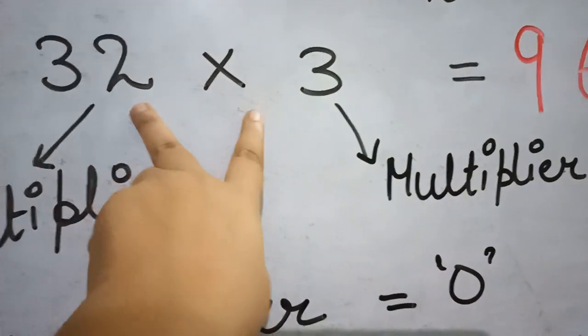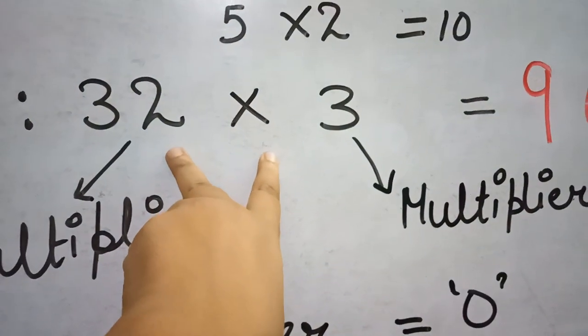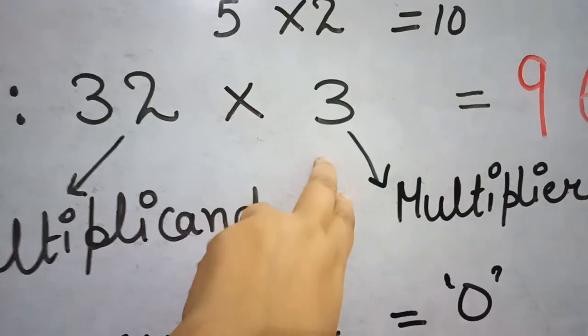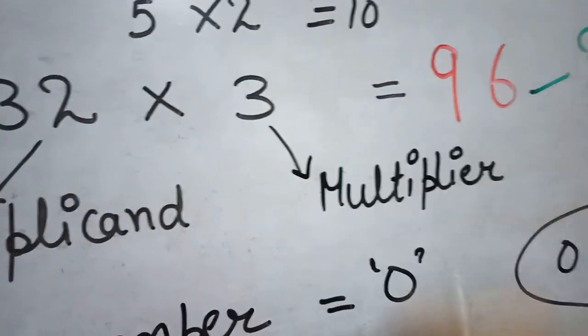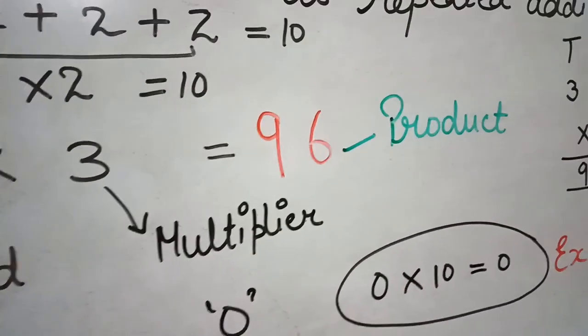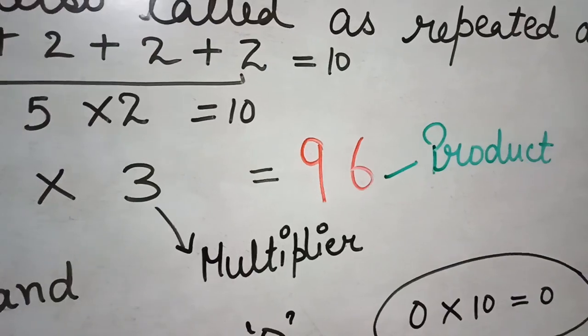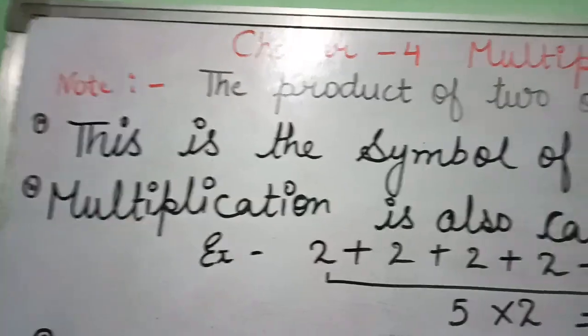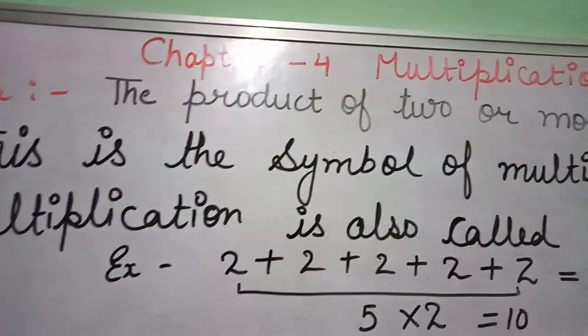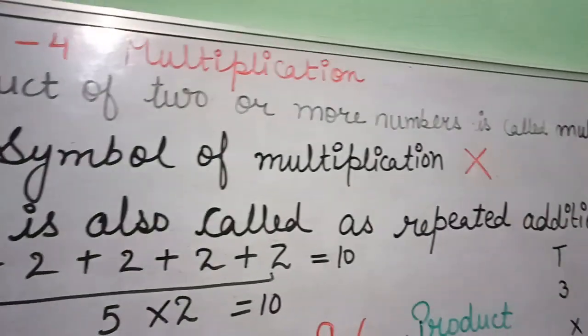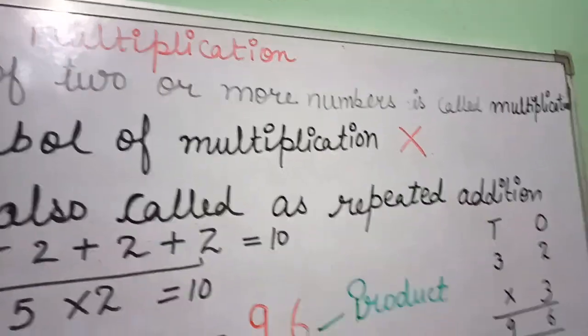The product of these two, like 32 into 3 equal to 96, is known as the product. The answer of these two numbers is known as the product. So the first sentence: the product of two or more numbers is called multiplication.